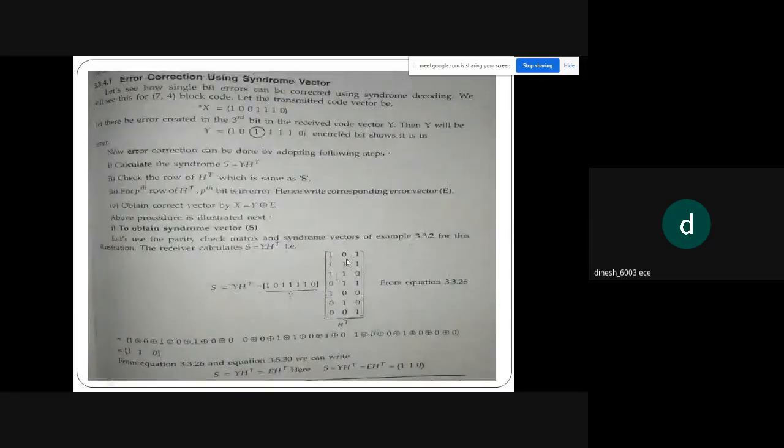In some problems, H transpose will be given. In some problems, we need to derive H transpose. It depends upon the problem that you are solving. In this case, I'm taking the previous example's H transpose, which has rows 101, 111, 110, 011, 100, 010, 001, a matrix of 7 cross 3. 7 rows, 3 columns. Write it. See that both are the same.